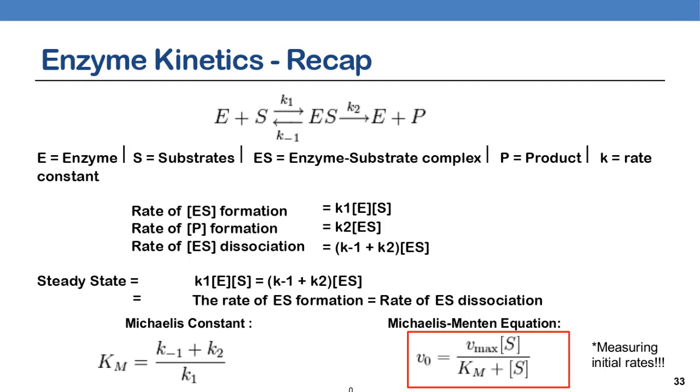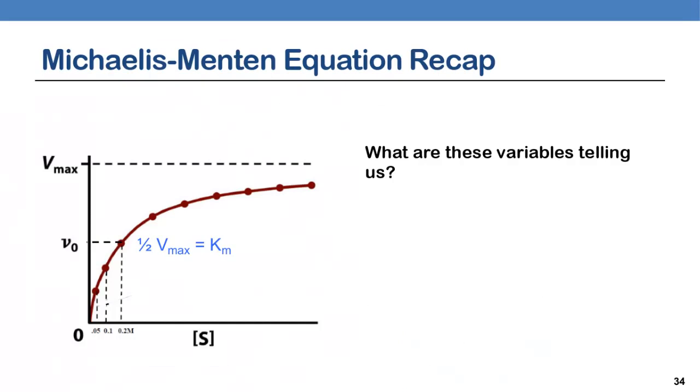Okay, so that's the math of our enzyme kinetics, but what does this look like visually? So we have a little recap of our Michaelis-Menten kinetics. We have our initial rates that are going to be calculated. If you're going to have a Michaelis-Menten plot, it's always going to be your V0 over your substrate concentration.